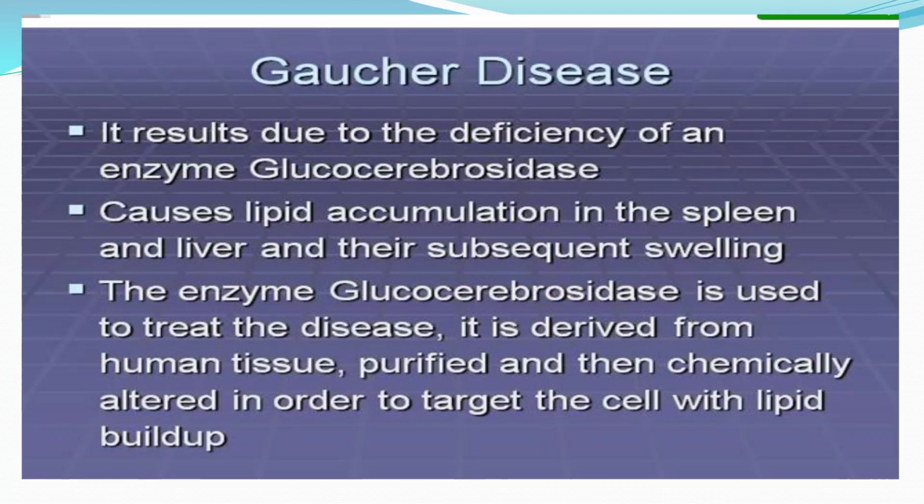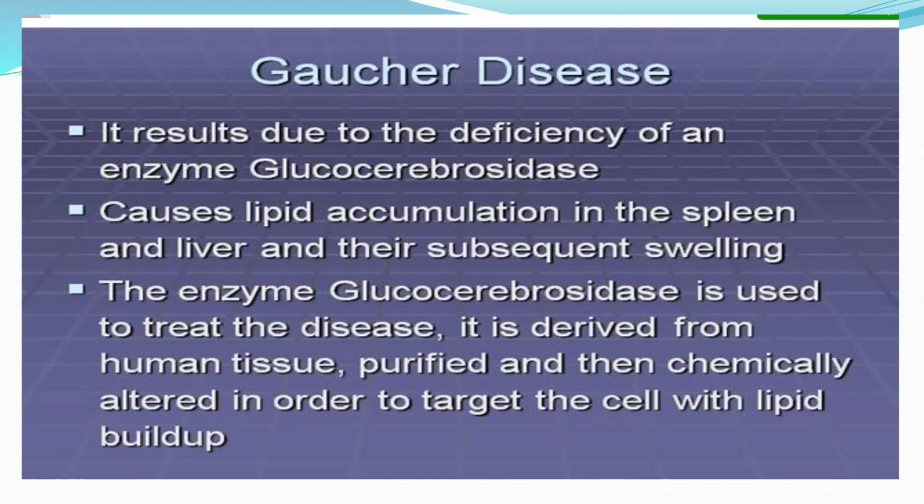Okay, then afterwards, there is Gaucher disease. Gaucher disease results from the deficiency of an enzyme called glucocerebrosidase. Due to that, it causes lipid accumulation in the spleen and liver, and due to that lipid accumulation, they swell.